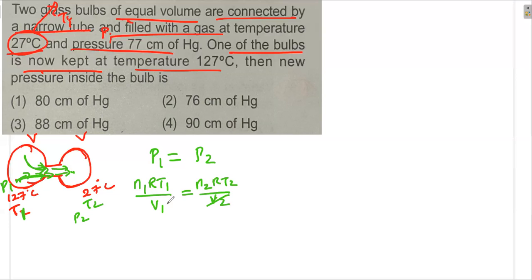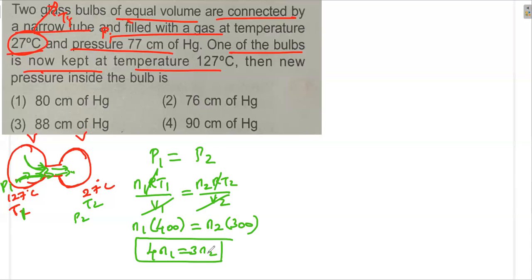It's just an ideal gas. The V's cancel, volumes are equal. R cancels, so n1 T1, where T1 is 127 Celsius plus 273, which gives me 400, equals n2 T2, where T2 is 27, which is 300 kelvins. So 4 n1 is equal to 3 n2. This is the relationship between the number of moles. The number of moles will be different, obviously.